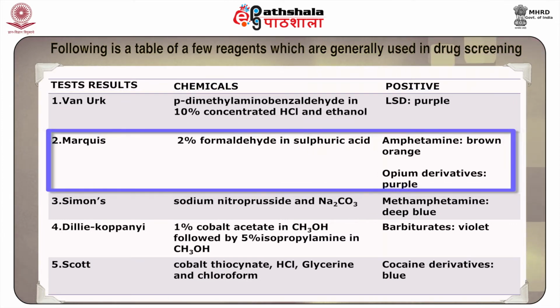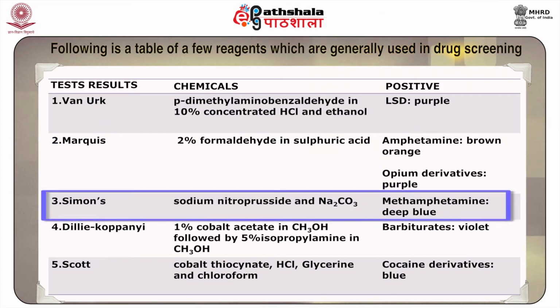The Marquis test will give an orange color when amphetamine reacts with 2% formaldehyde in sulfuric acid, and if opium derivatives are present, then the Marquis test will give a purple color. In Simon's test, when methamphetamine reacts with sodium nitroprusside and sodium carbonate, it will give a deep blue color.